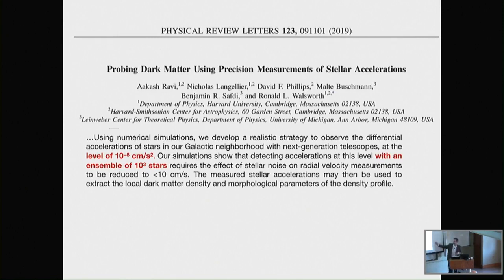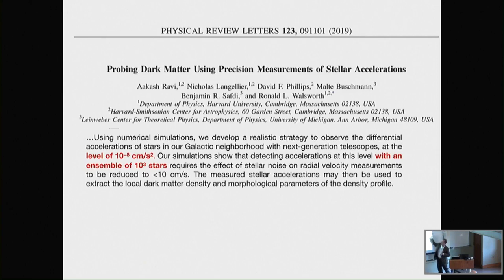So the first 2/3 of what I'm going to tell you here today is all the work of the graduate student Akash Ravi, who's defending his PhD next month. And he did yeoman's work, both working out all the details here and getting it through the publication process. But the key thing is that we believe that we can do 10 to the minus 8 centimeter per second squared acceleration measurements.